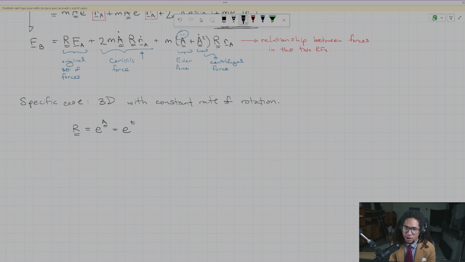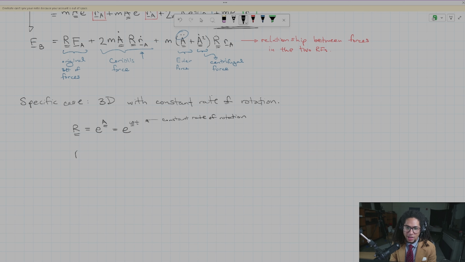So let me call that the matrix omega, multiplied by t. So this is how I express constant rate of rotation. A constant rate of rotation will happen exactly when what I have up here is a linear function of t.